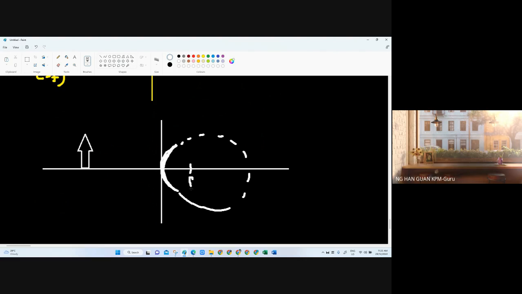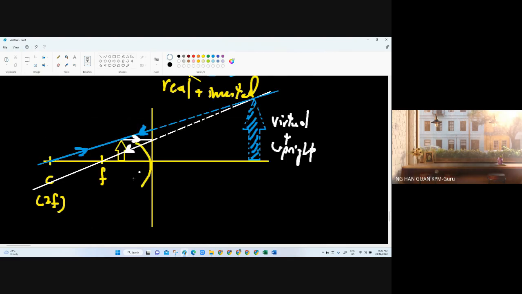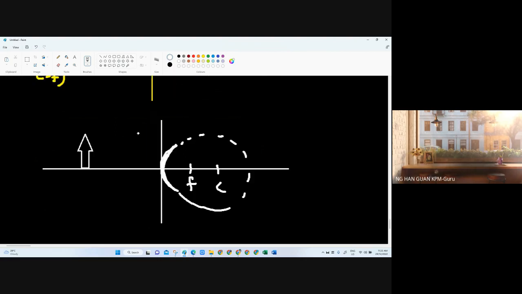Here is the F, here will be the C. It will be behind the mirror, not like the concave, where it is in front of the mirror, on the object side. I call this behind the mirror because it's not on the object side. The object always stands right in front of the mirror, but the F and the C will be behind the mirror, because we follow the curvature.